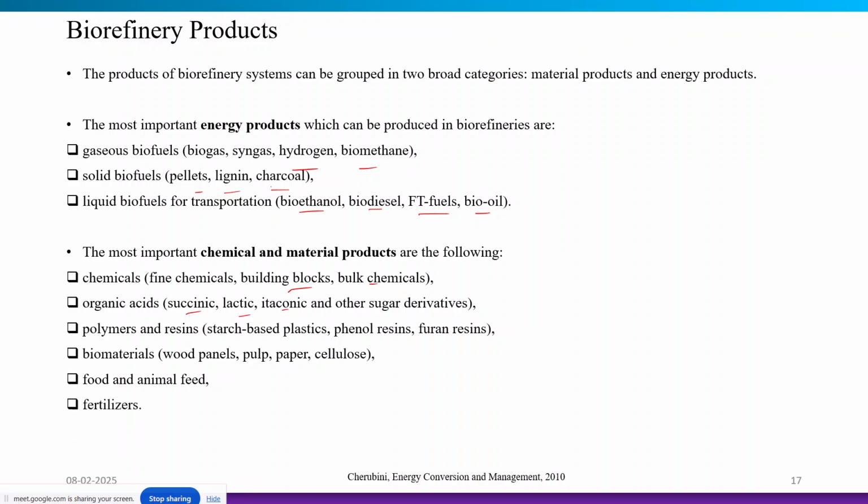So these are some broad categories of the biorefinery products available from different sources of the biomass as a feedstock.